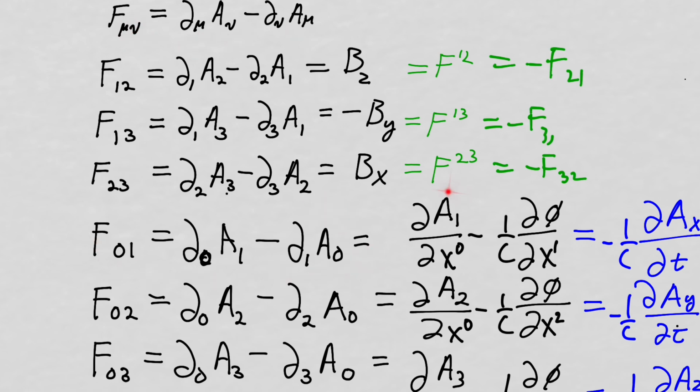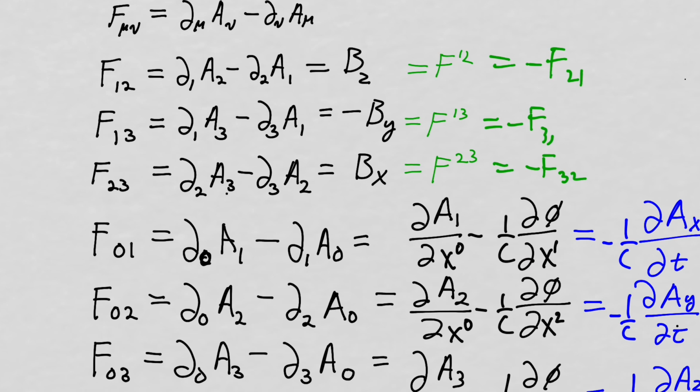And then you get partial A1 with respect to x0, and this A0 now is the scalar potential over the speed of light. So you end up with this 1 over c out here, and you get the scalar potential with its spatial derivative with respect to x1.